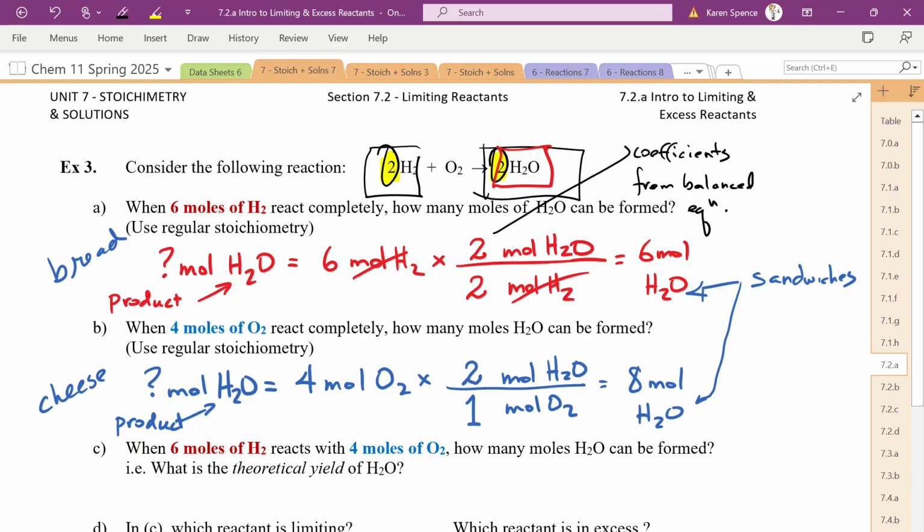We can only make 6 moles, okay? So the theoretical yield of H2O is 6 moles because we choose the smallest number, right? If I can only make 6 sandwiches with this stuff and I can make 8 sandwiches with the other stuff, I can only make 6 sandwiches, okay? Or in this case, moles.